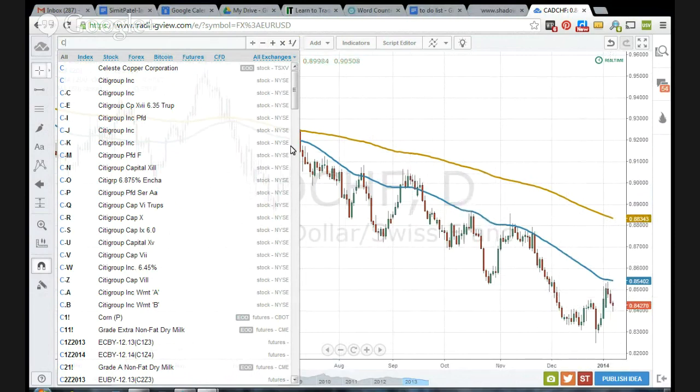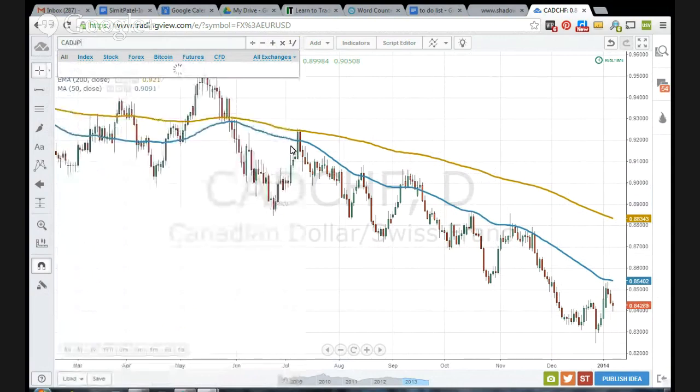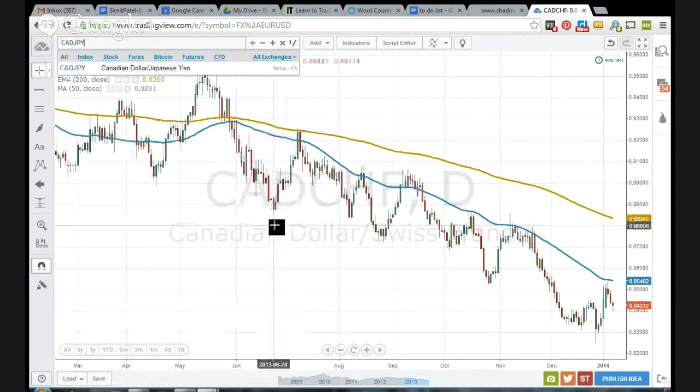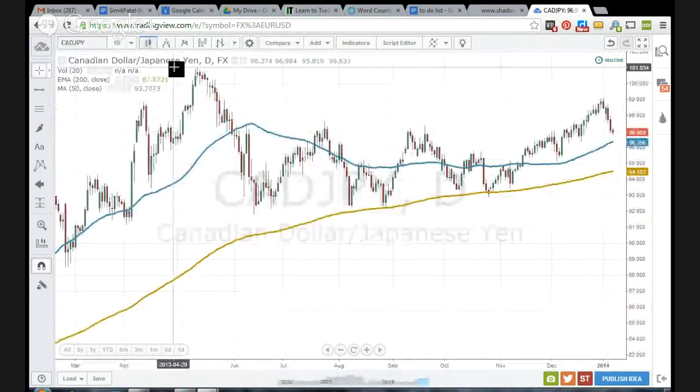So let's look at CAD yen now. If we do get another pullback, we'll see. And we may. That entry order, I still have that on, so I haven't canceled that one. CAD yen. Okay.